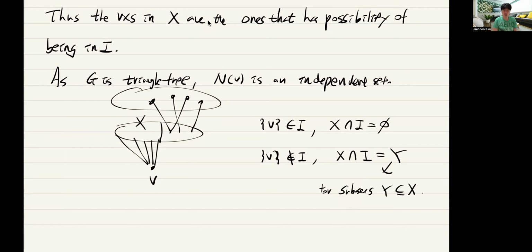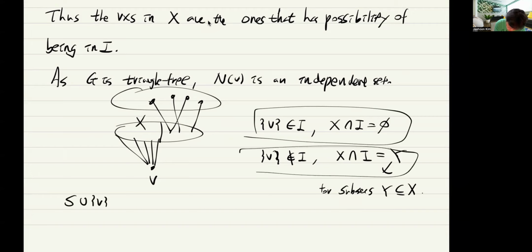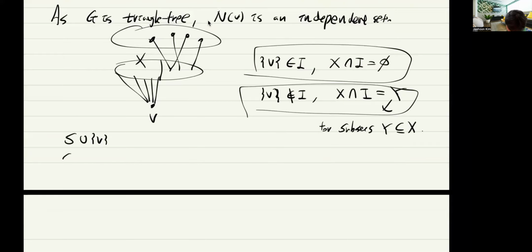Okay, two possibilities are all there, and you can even count. In this case, we get the independent set S union B. In this case, we get S union Y. And how many Y's are there? Y can be any of 2 to the |X| choices.